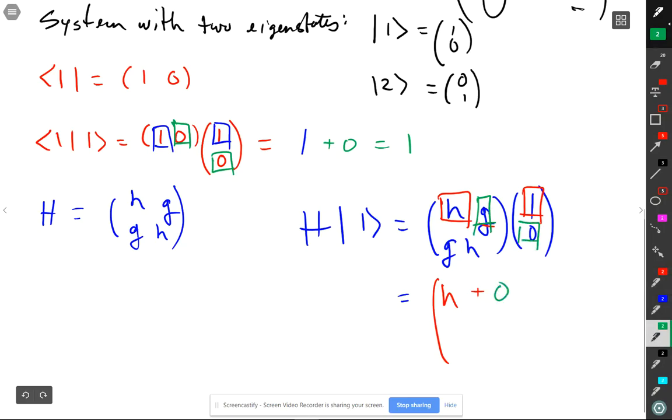So h plus 0 for the first row. I go to the second row, and I'm going to have g with 1 plus h with 0.